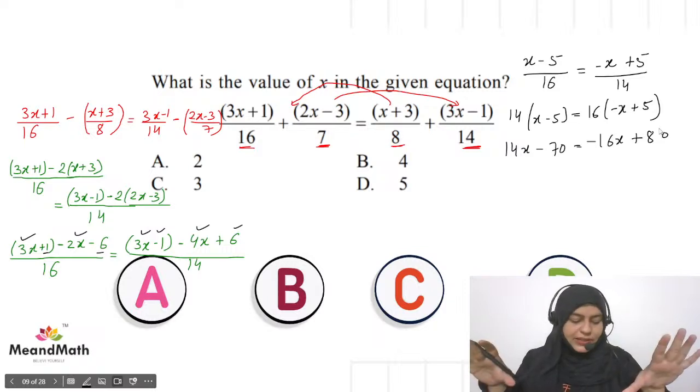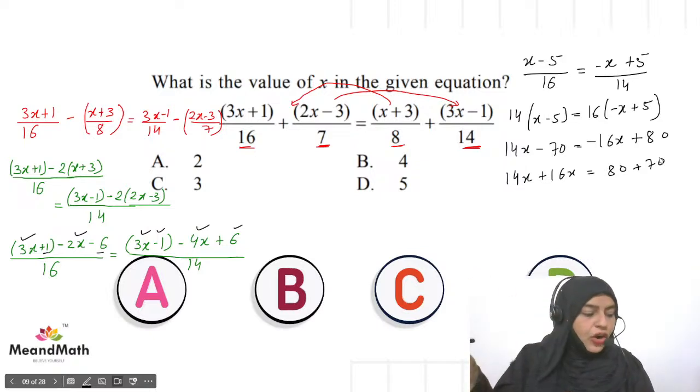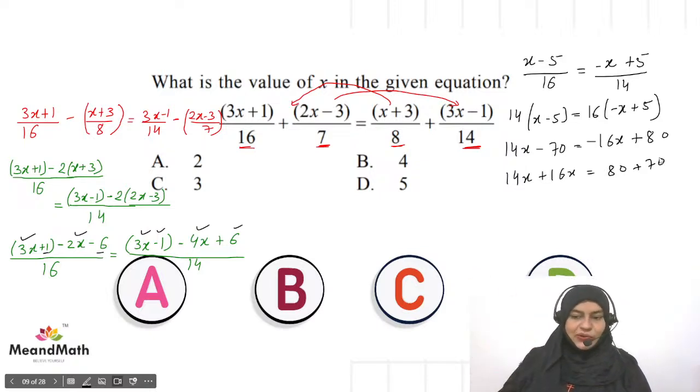Now, so simple. Take the like terms together. 14x plus 16x is equal to 80, and negative 70 on the other side will be plus 70. Right? 14x plus 16x, it will be 30x.